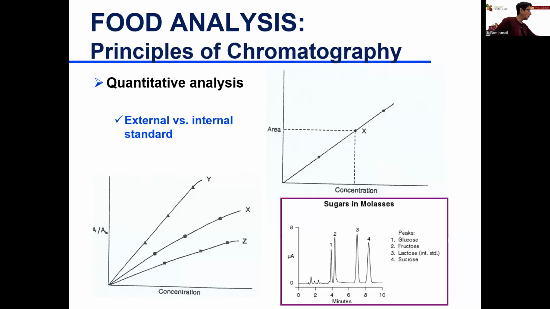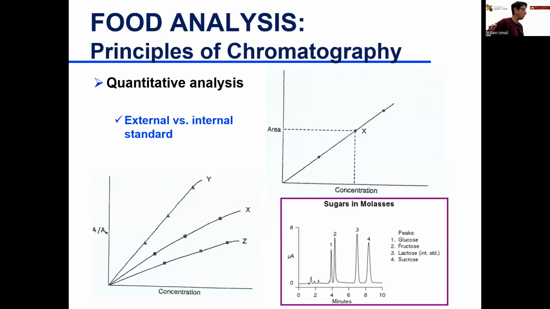If we use an internal standard at the beginning of the sample prep, whatever losses you have in your compounds of interest, you will have equivalent losses in your internal standards. So it corrects for sample preparation errors.